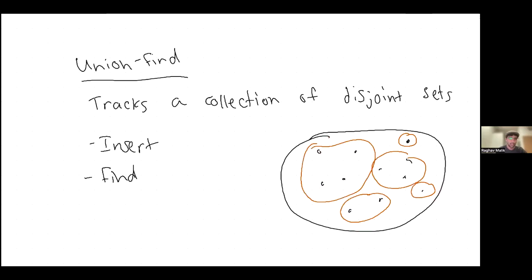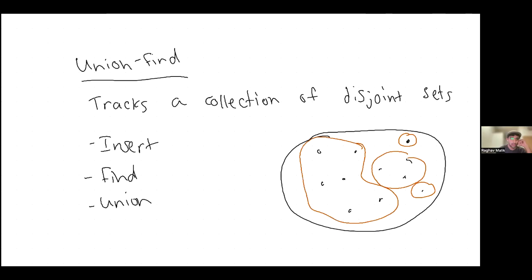And then we have a union operation, which takes two points, and it merges their associated sets together. So maybe I take those two points and I merge them into one big set like this, right?